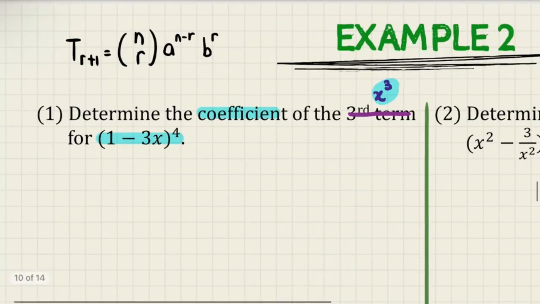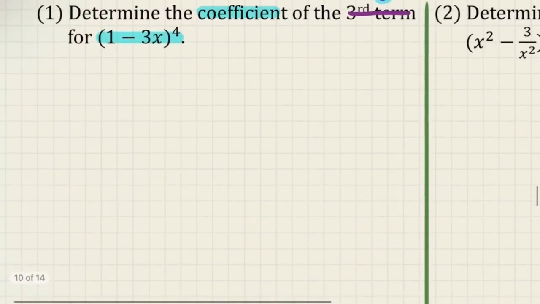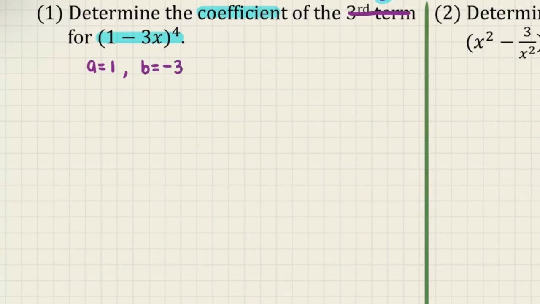Okay, so ini akan a bit complicated sedikit lah. So first of all, kita identify A kita adalah 1, B kita adalah negative 3x dan N adalah equals to 4.